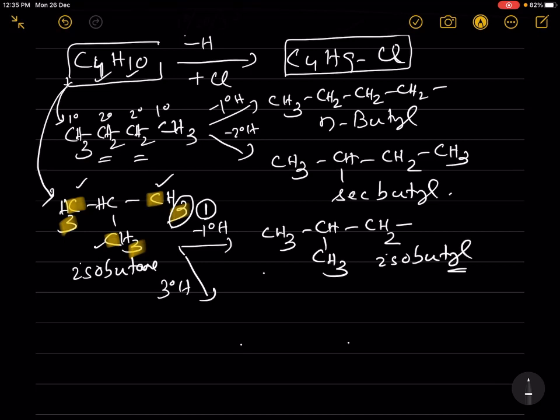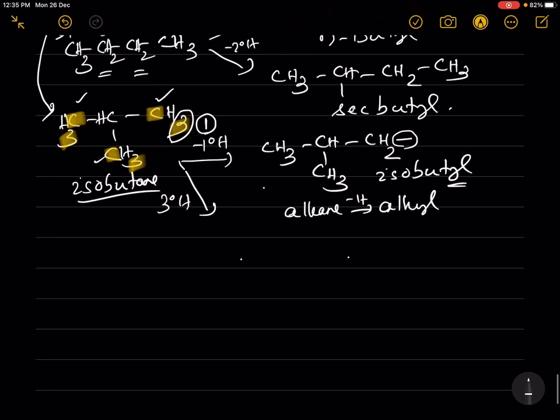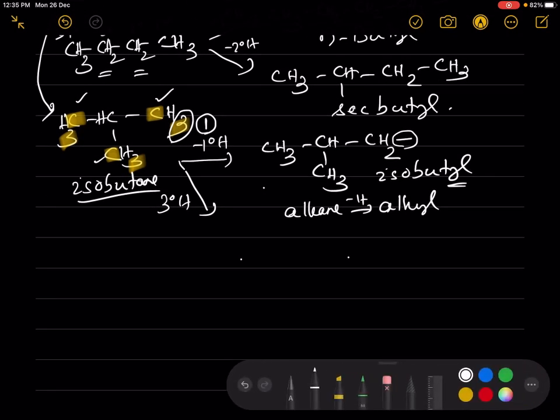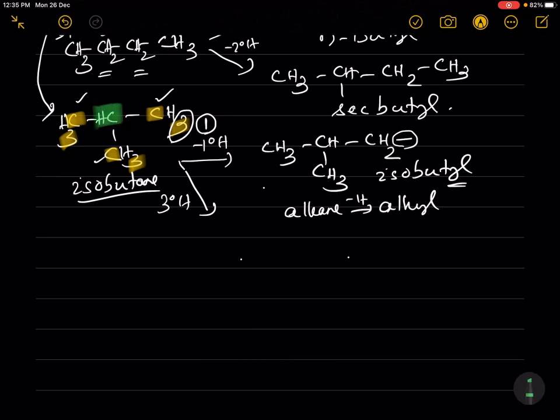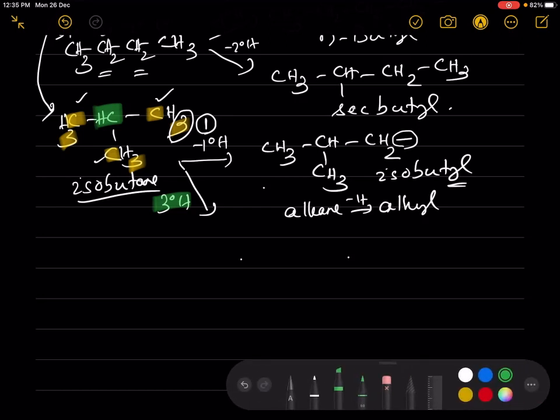Butyl means one hydrogen atom less than the parent alkane, isobutyl. Alkyl means alkyl has one hydrogen atom less than its parent alkane. Then you have to remove a tertiary hydrogen atom. You see the number of tertiary carbon atoms, 1, and number of tertiary hydrogen atoms, only 1.